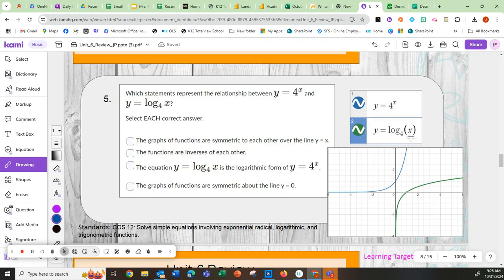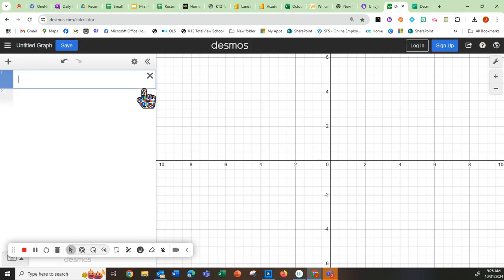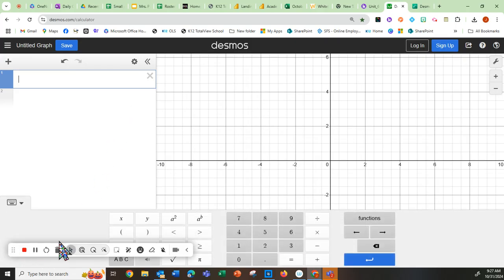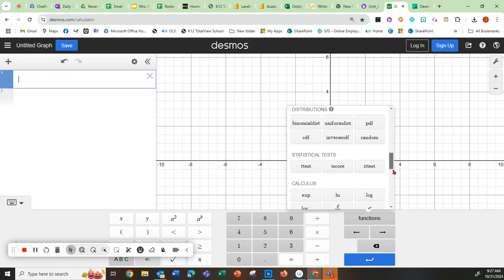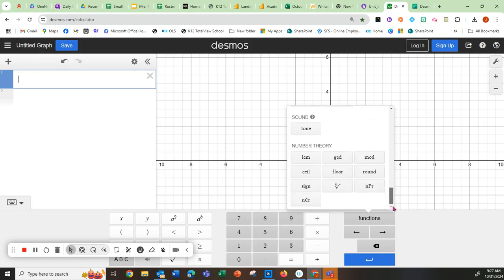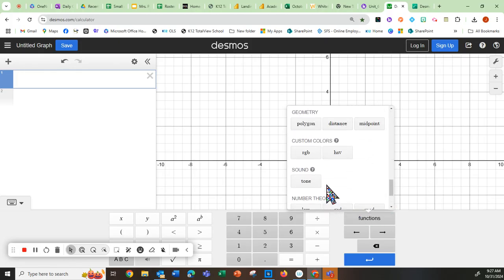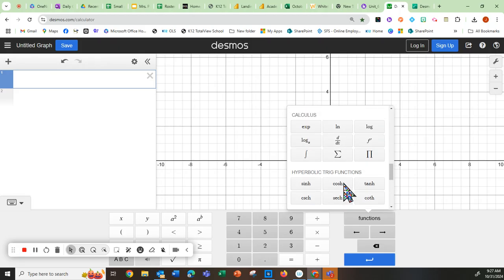Just a quick reminder that to get this log base 4 of x, let me go back to Desmos. If you're trying to do a log, you're going to have to go to functions, and then scroll all the way down, right here under the word calculus.